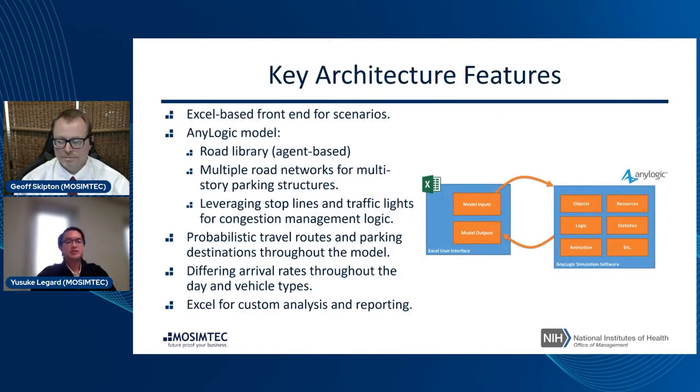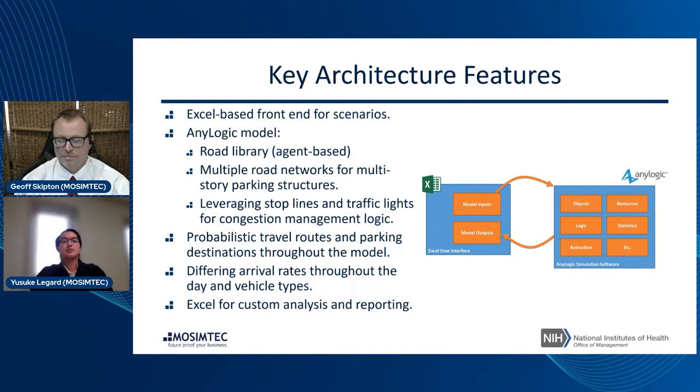The key architectural features of this model are that Mosimtec created an Excel front end to run scenarios. We can load all our inputs and scenarios from the Excel into the model. We primarily used the road library for this model and implemented multiple road networks for the multi-story parking structures. We also leveraged stop lines and traffic lights for congestion management logic, both in and around the parking structures.